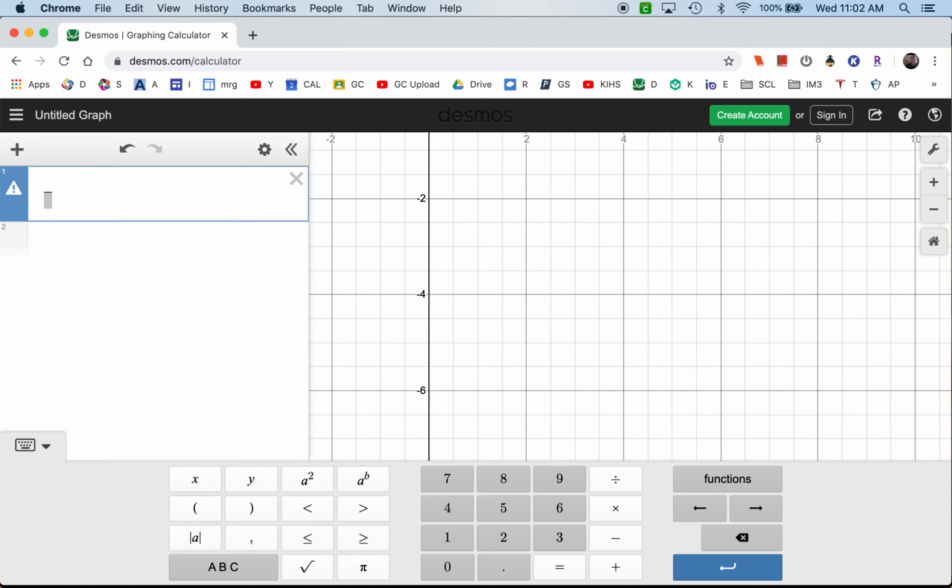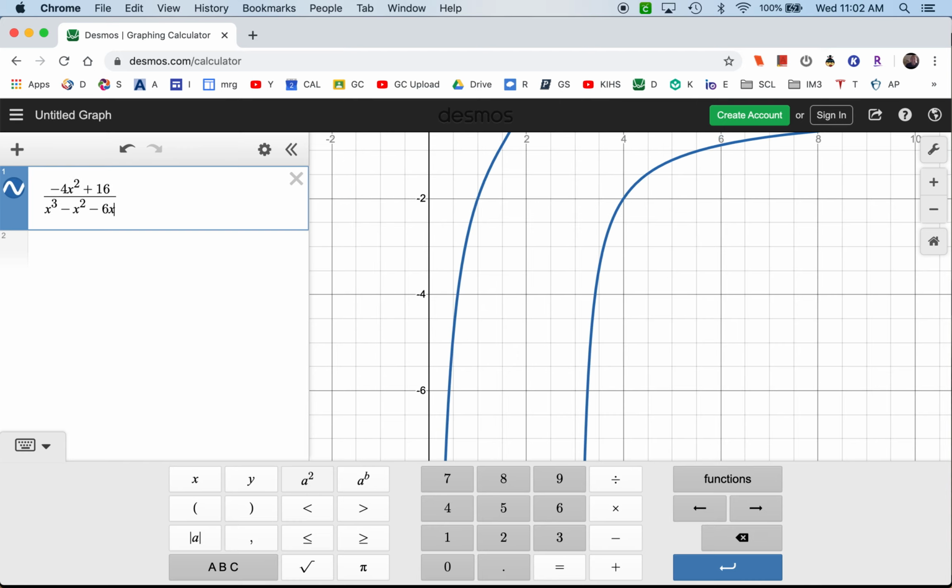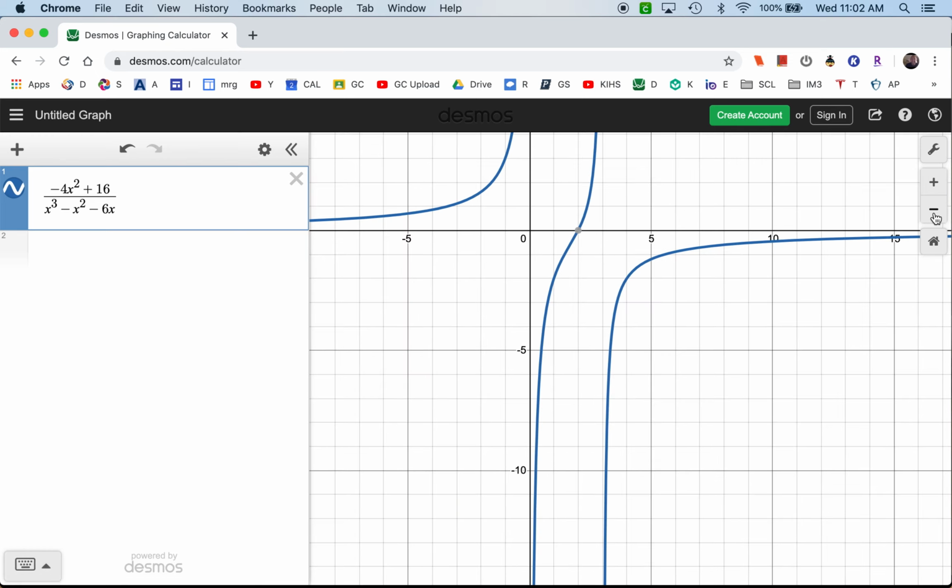Here we go, -4x squared plus 16. In the denominator, x cubed, subtract x squared, subtract 6x. All right, let's make sure I typed it in correctly, as x is approaching -2. So let me zoom out here just a little bit. So what's happening at -2?